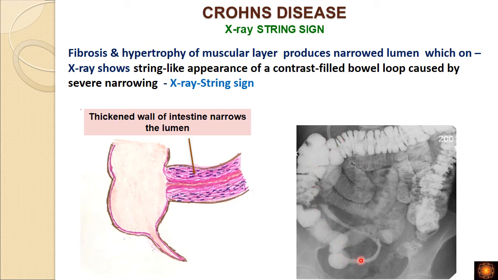If you see here, there is a small string-like appearance. This is because the lumen is thinned out. That's why they have named it the string sign, which we see only in Crohn's disease because of the increased thickness of the wall and narrowing of the lumen. So that gives an appearance like a string on the X-ray.